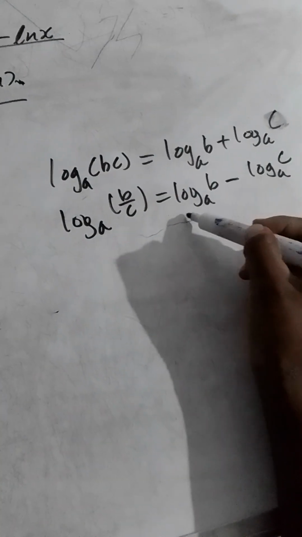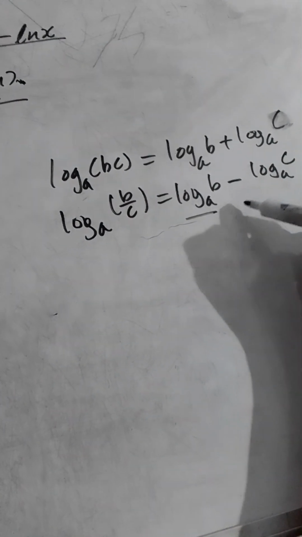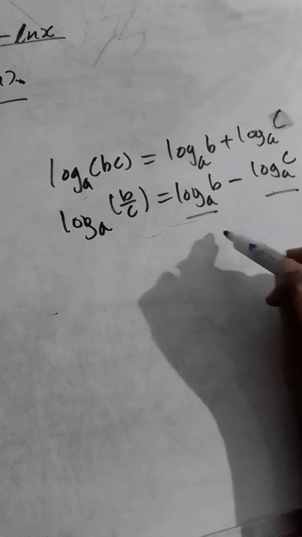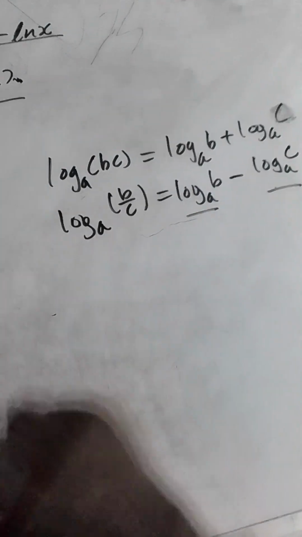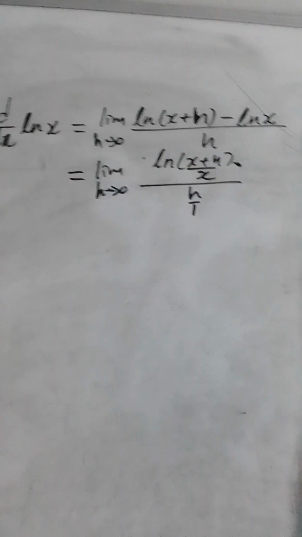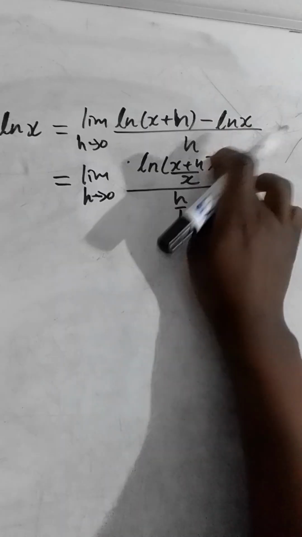It was ln of x plus h minus ln of x. That means it must have been ln of x plus h over x. But if you don't know the laws of logarithms, then you cannot proceed here.